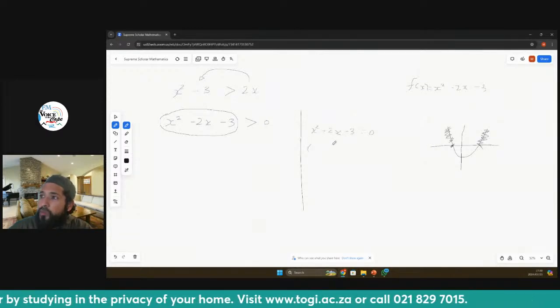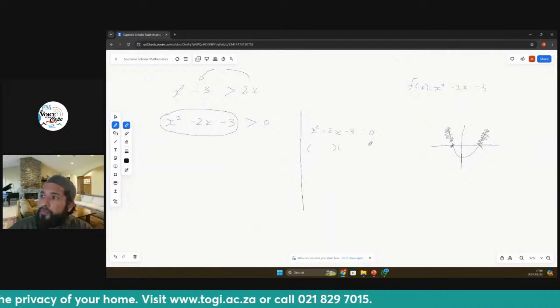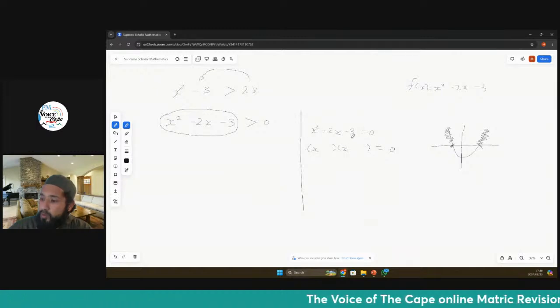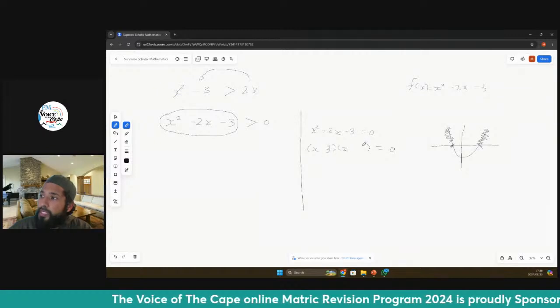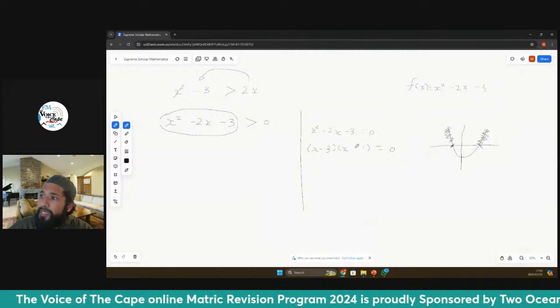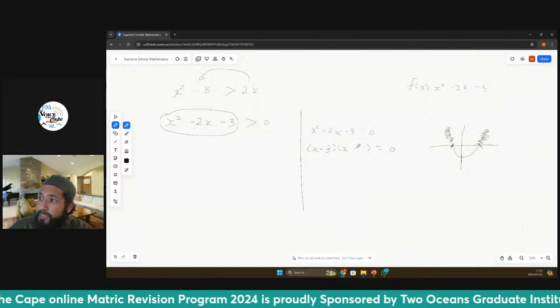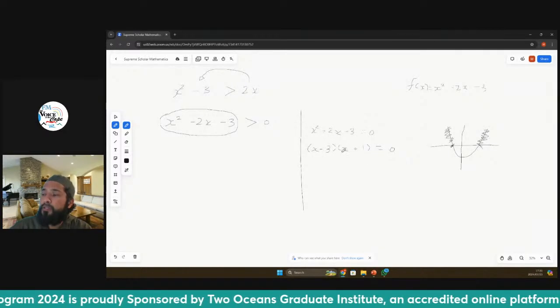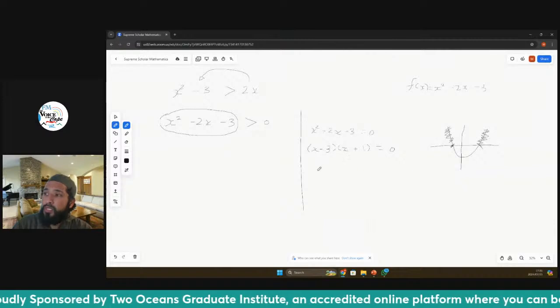Then you will come out with the two brackets equal to 0. You have an x here, you have an x here. The two factors that will work here would be -3 and 1. -3 multiplied by 1 is equal to -3, and -3 plus 1 is equal to -2.